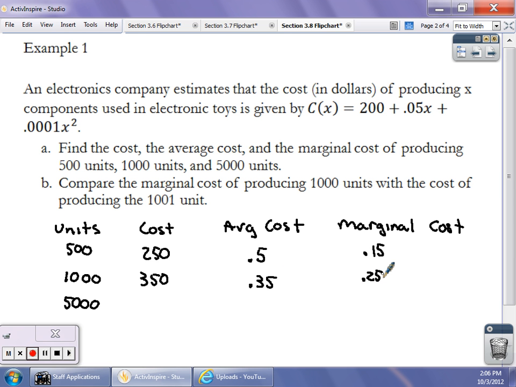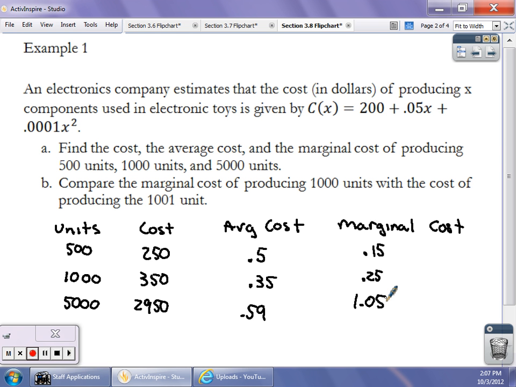And then finally for 5,000, we got $2,950, the average cost of making those is 59 cents each, and the marginal cost is $1.05. What you're seeing here is that there's an optimal amount we want to produce, because if I start producing more, then I may have to pay overtime or whatever.